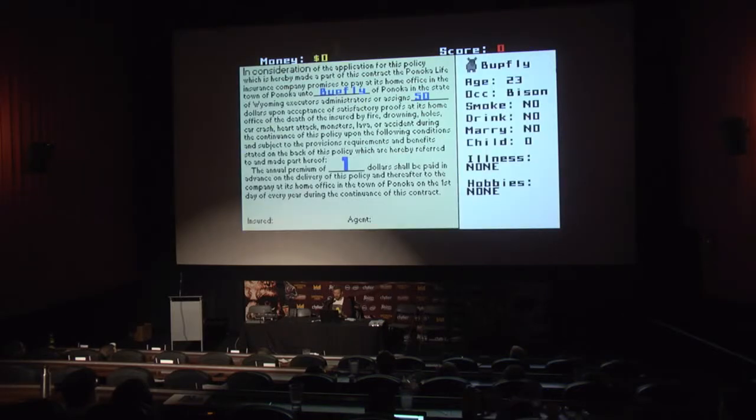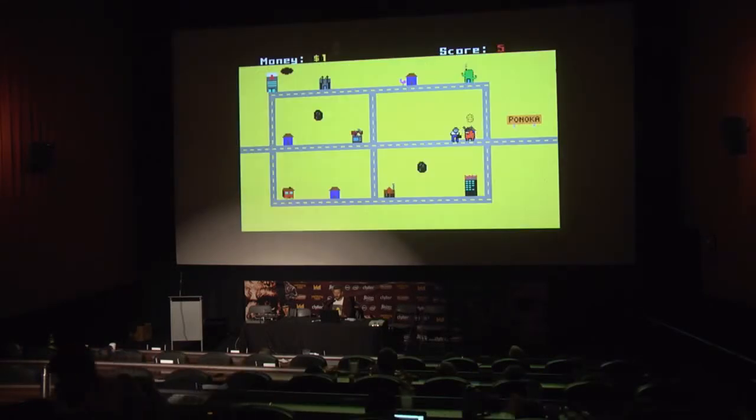This time, you can analyze their stats, and you're like, 23, he's a young guy. Nothing wrong with him. He's not going to pay much for insurance. If you're young and healthy, don't get life insurance. It's a total crock of shit. Anyway.